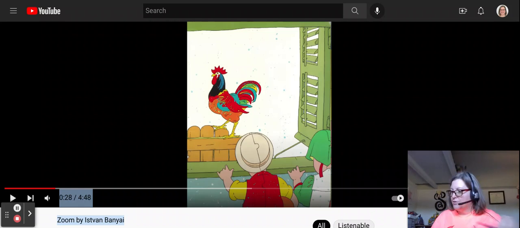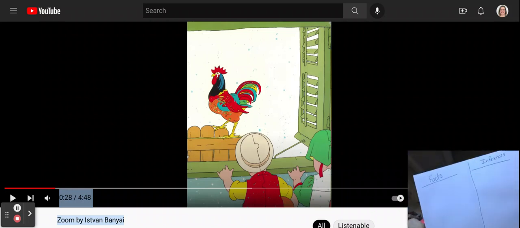And on the other side, I'm going to write the word inferences. And again, I'm going to put my long line right down the middle. So this is what my paper looks like. I have facts, I have inferences, and I have a line down the middle.